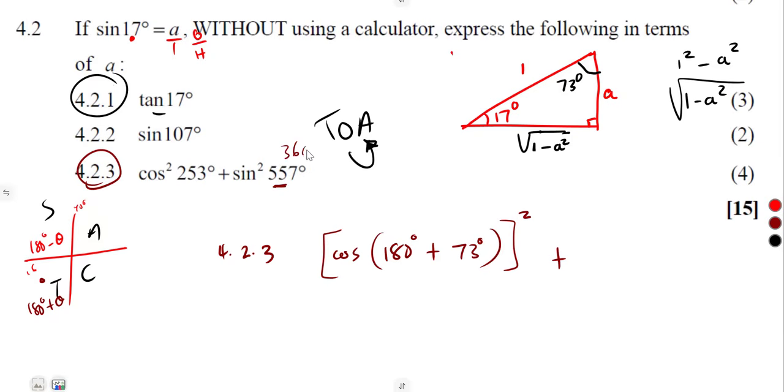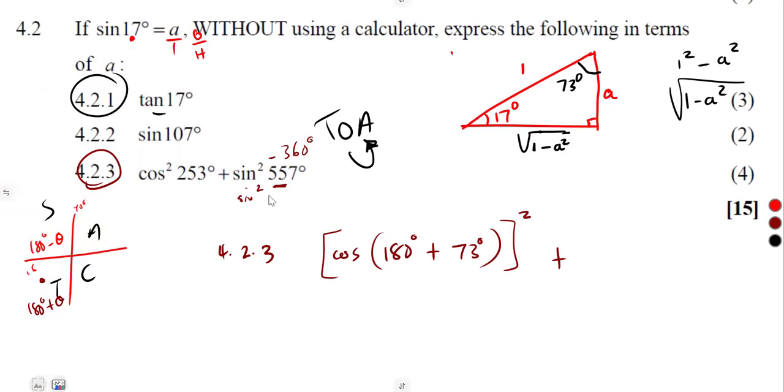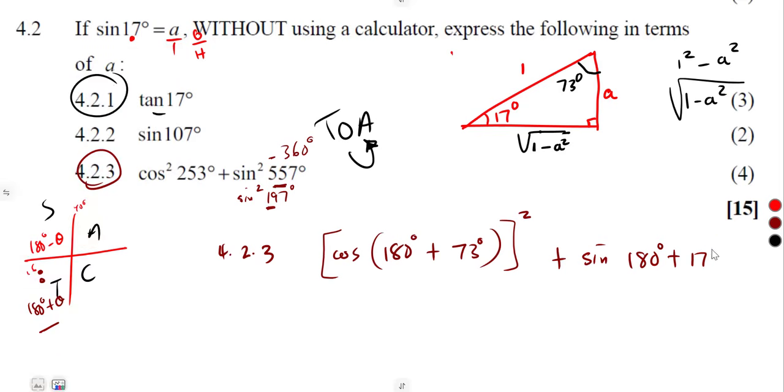This is more than 360, so you must subtract 360 from that. 557 minus 360 is 197. So this was the same as sine squared 197. 197 lies also in the third quadrant, 180 plus theta. So it is sine of 180 degrees plus what? 197 minus 180 is 17. So it's plus 17 degrees. But do not forget that the whole of this part is being squared.